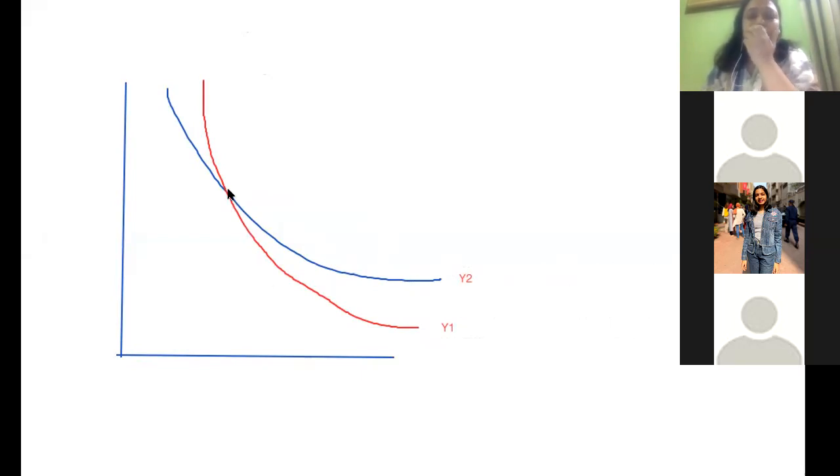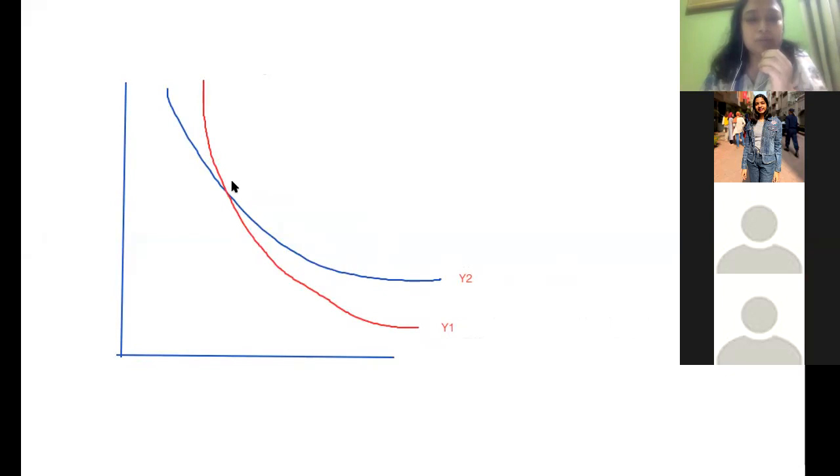Okay, so consider points A and B, all right?